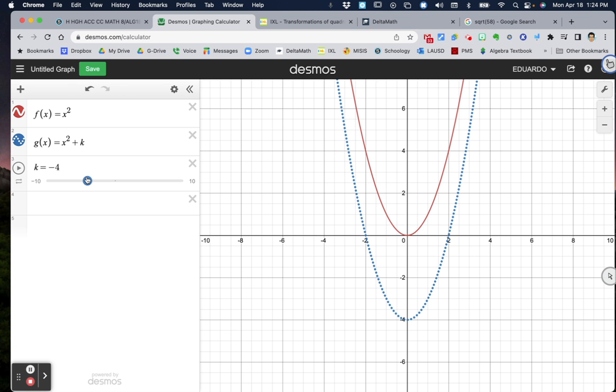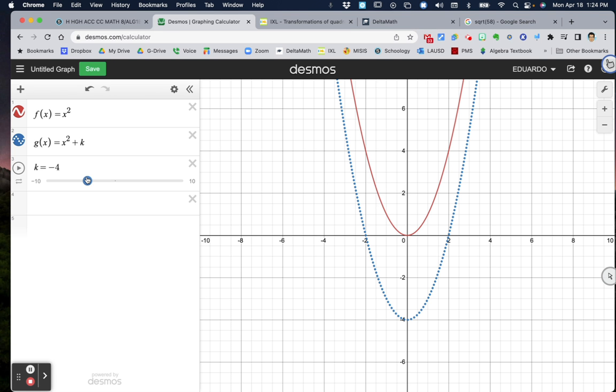So basically, putting this plus k, or putting a constant behind your x squared, how does it change the function from where it started, from its base or parent location? How does it move it? Up or down? You see that? If I put positive numbers, it'll push it up.